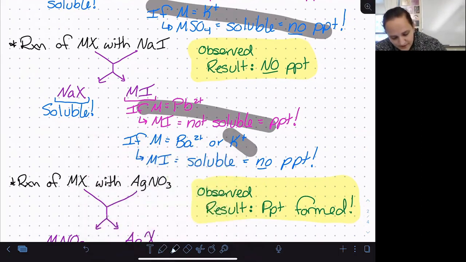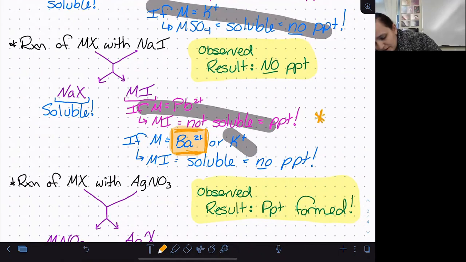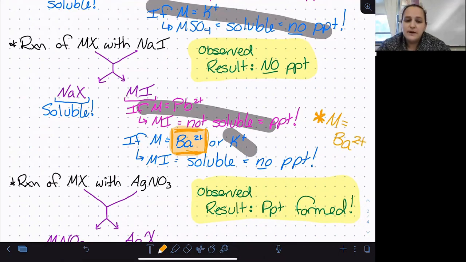So based on this, we know that barium is our only option that is consistent with both of those results. So based on this, we know that our cation has to be barium.